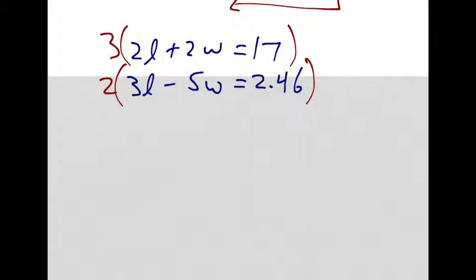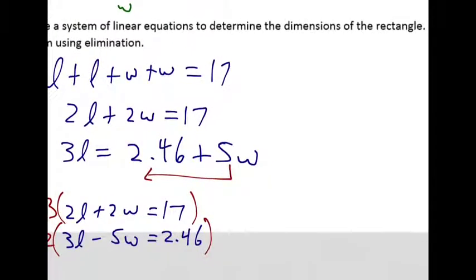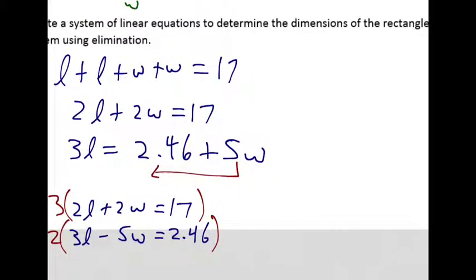So let's see what that gives us. I'm running out of space here. That would give us 6L plus 6W equals 51. Uh-oh, this should also be a 6. And then 6L minus 10W.